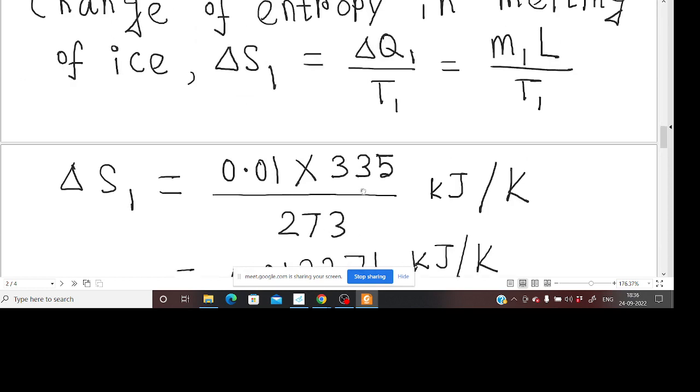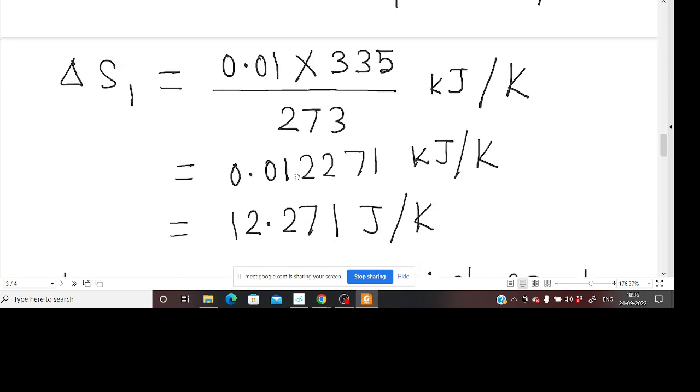Now put the values here. m1 is equal to 0.01 kg, L is 335 kilojoule per kg, and the temperature T1, which remains constant during the melting of ice, is equal to 273 Kelvin. And simplify it.